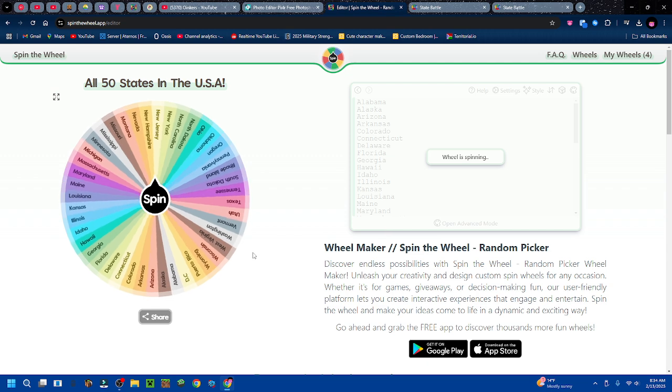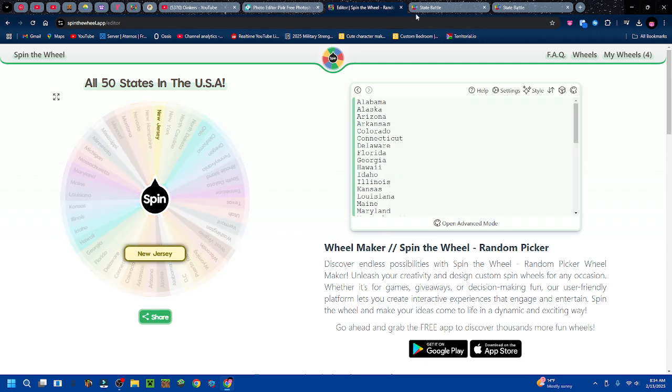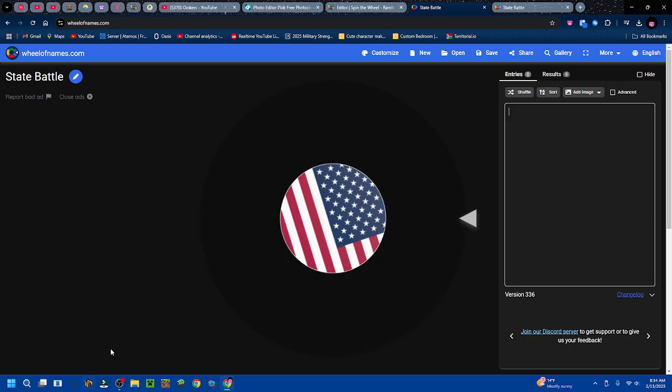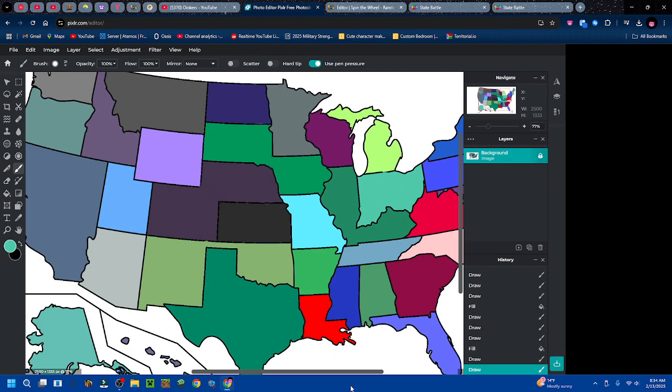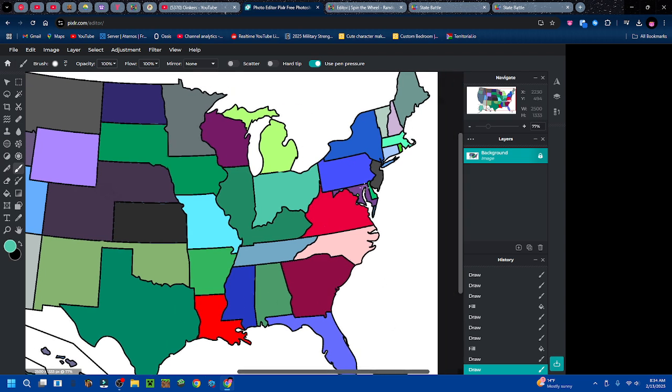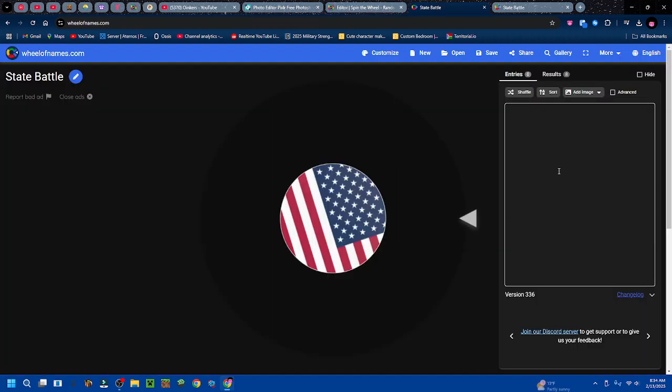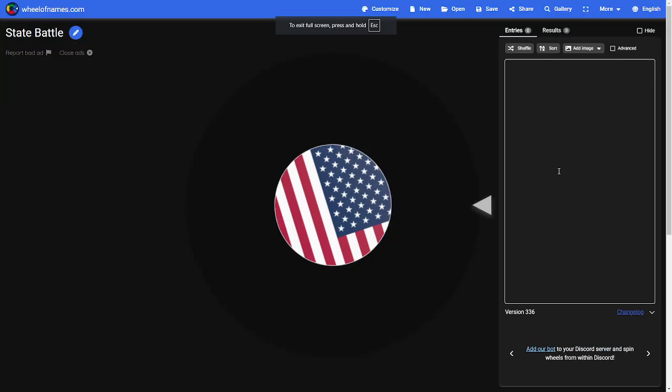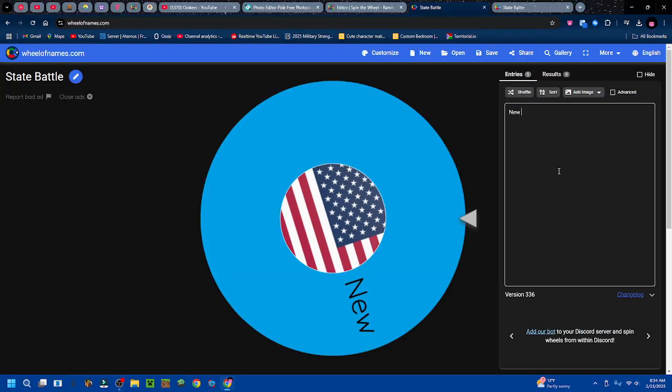And now it's going to be New Hampshire, or New Jersey, I guess. I know they border New York, but who else do they border? New York, Pennsylvania, and Delaware. Not that many borders. So I don't really know how to spell Pennsylvania.